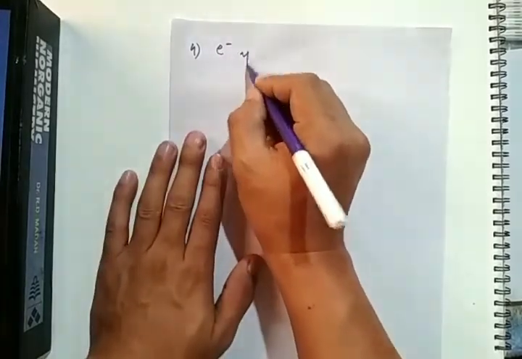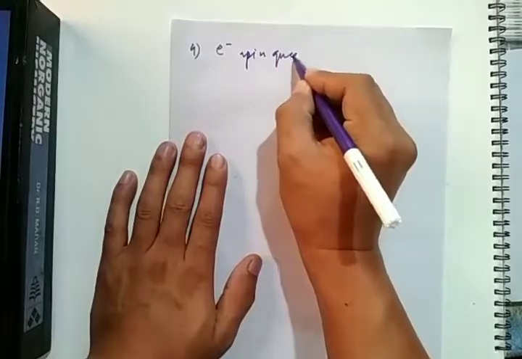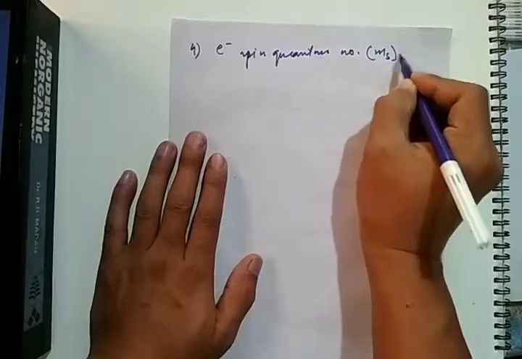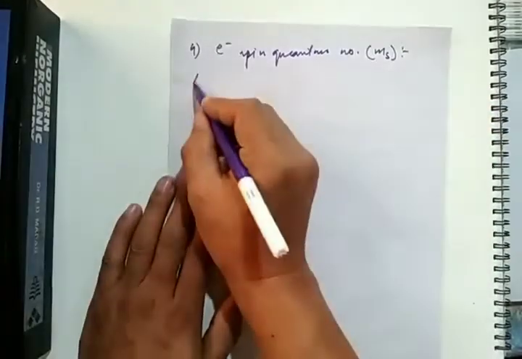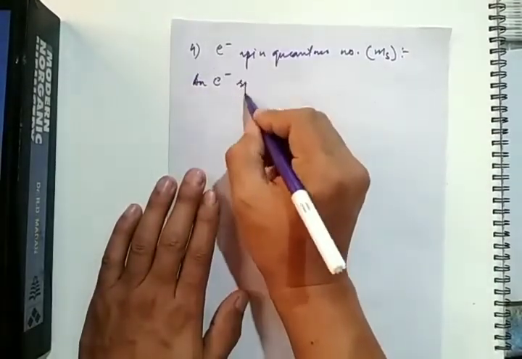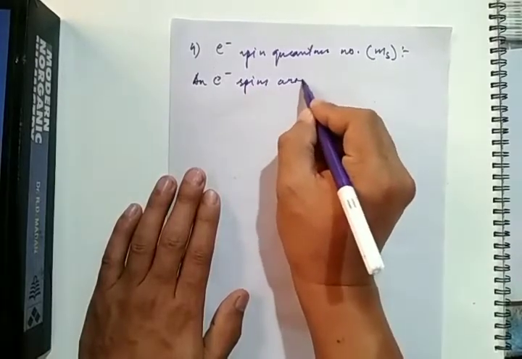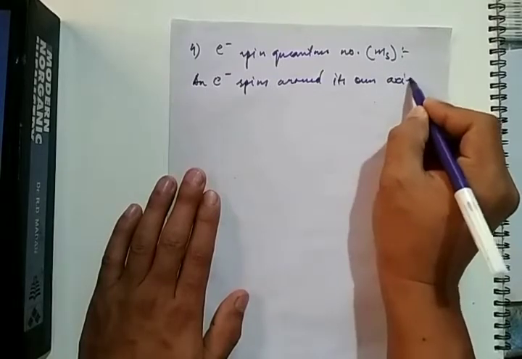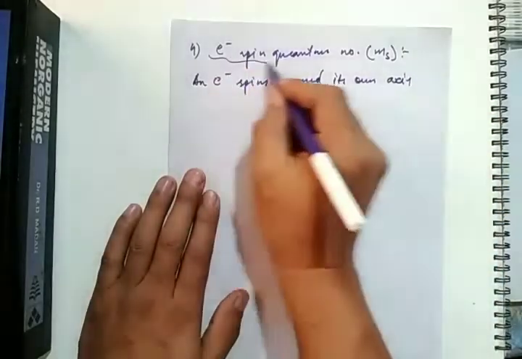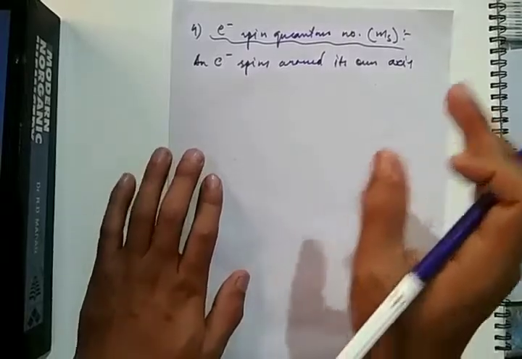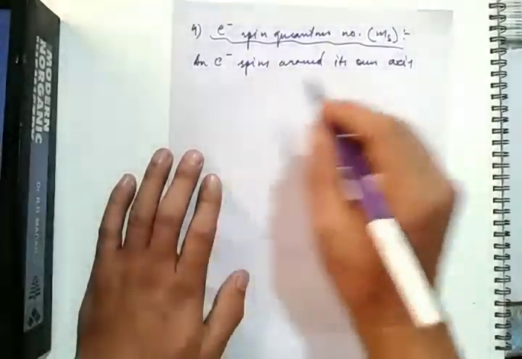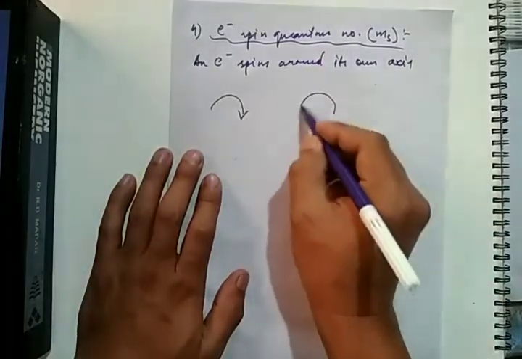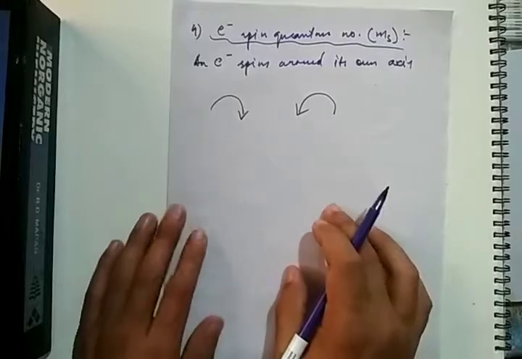Now for the last one, number 4, the electron spin quantum number, represented by ms. An electron spins around its own axis. So the electron can spin in a clockwise direction or an anti-clockwise direction.